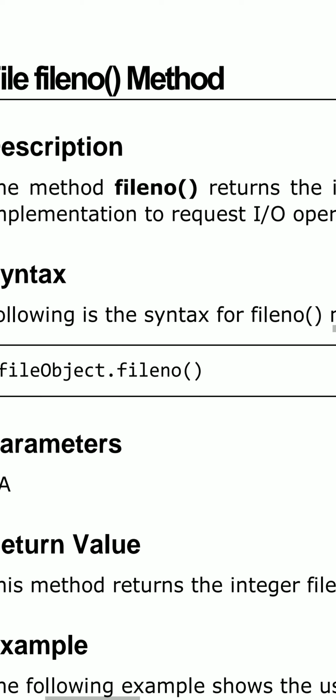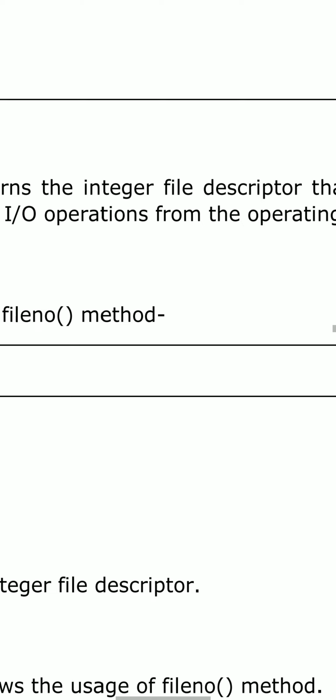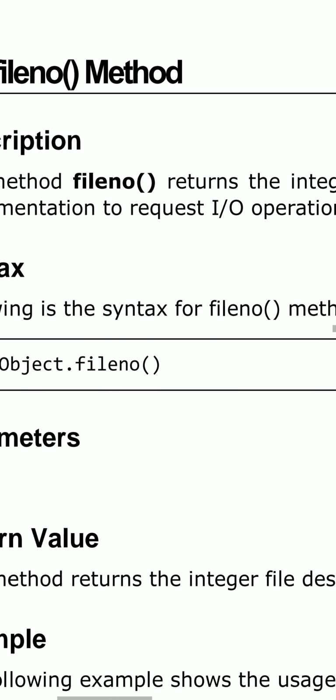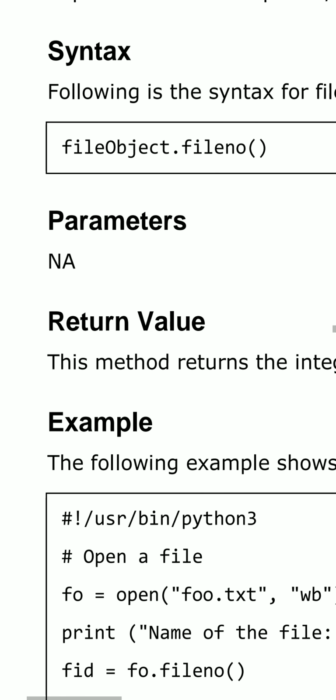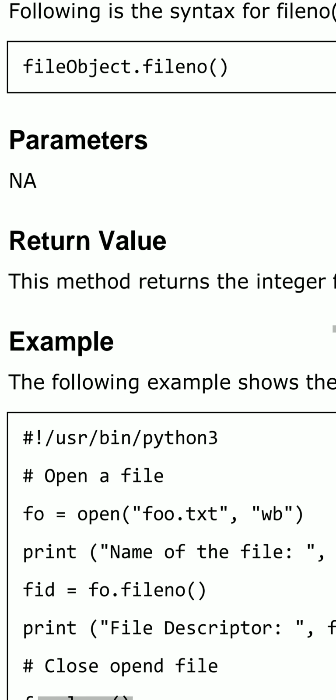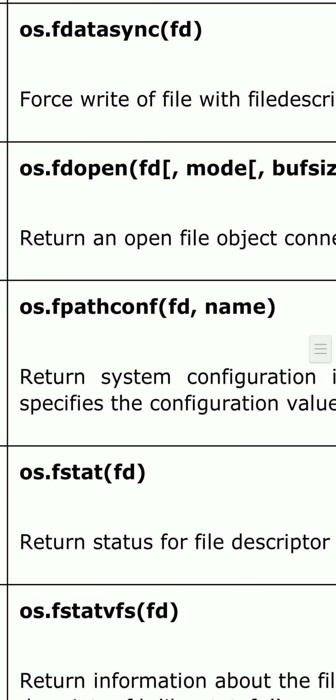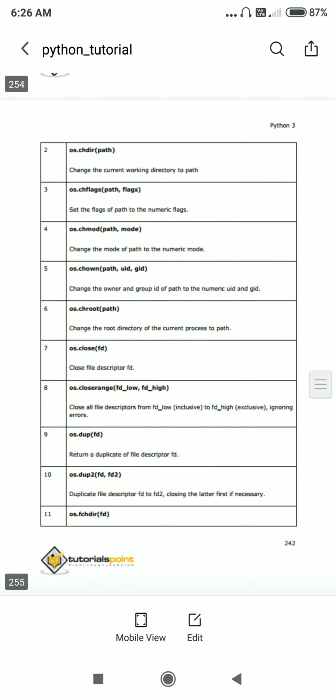The next one is the file number method. It returns the integer file descriptor that is used by the underlying implementation to request input output operations. The syntax is file object dot fileno. It has no parameters. This method returns the integer file descriptor onto the output screen.